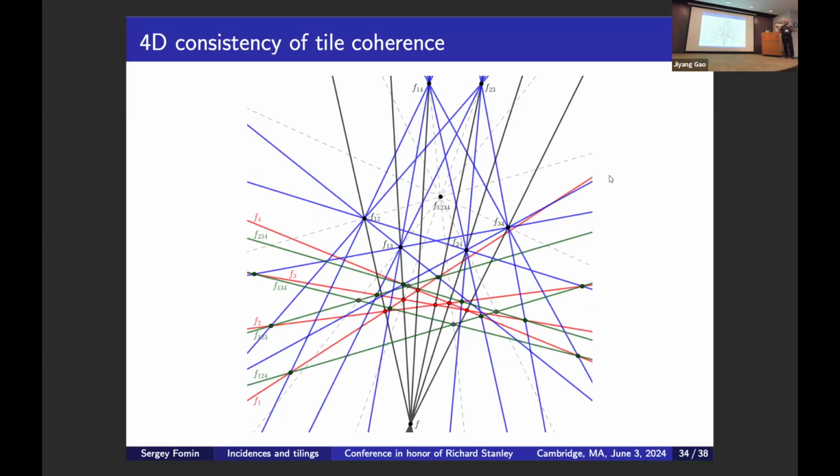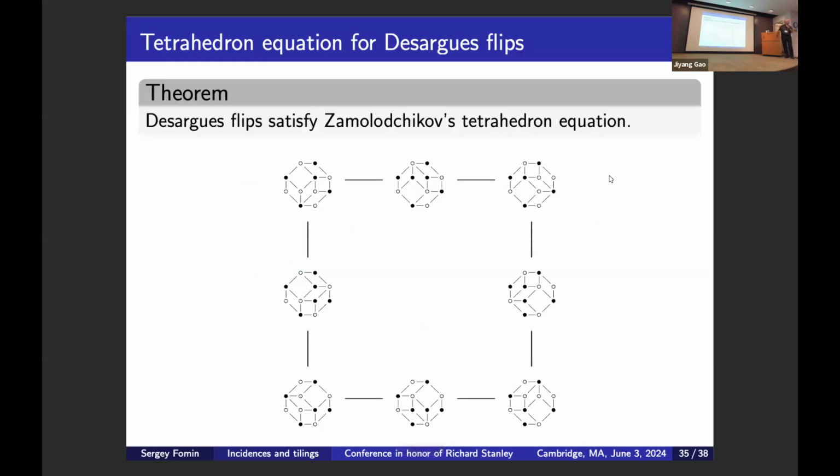Now, what is the meaning of this theorem? The meaning of this theorem actually has to do with the zonotopal tetrahedron equation. We start with the zonotopal tiling of an octagon. We interpret the black points, the vertices, as points on the plane, the white ones as lines on the plane, and we assume that all these tiles are coherent, which are certain incidence conditions.